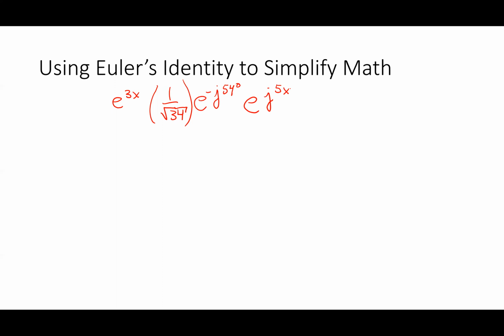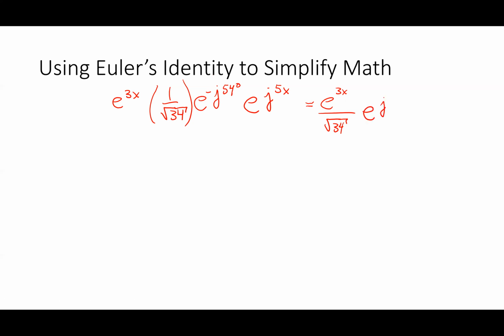Okay. Now, I look at that and I say to myself, what's the real part of it? I already know, but you don't. So let's see. I'm going to say e to the 3x over the square root of 34. Anytime I have e to the j something times an e to the j something, I combine those, right?